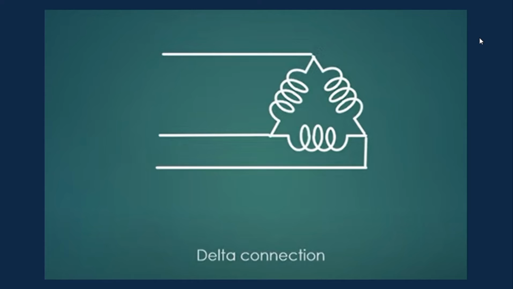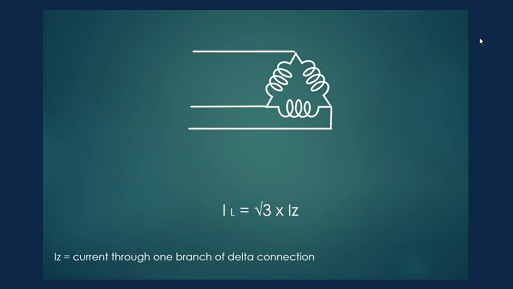But the current across each element is different from the line current. If we apply Kirchhoff's law and do some math, you'll find that the line current is root 3 times greater than the current in each branch of the delta connection system.